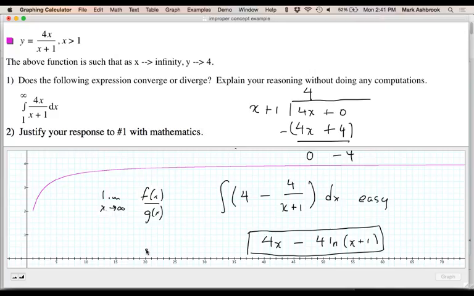If you're trying to take the limit and you get an infinity over infinity situation, f and g both go to infinity, then what you have is called an indeterminate form, infinity over infinity, and that's L'Hopital's rule, which says if you take the derivative of f divided by the derivative of g, that limit is the same as this one. So this limit equals the limit of the derivative of f over the derivative of g.